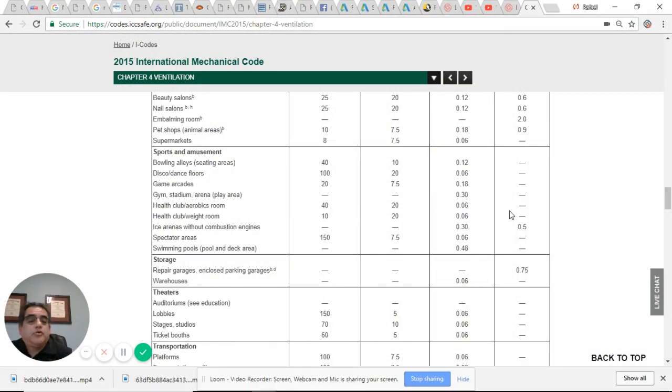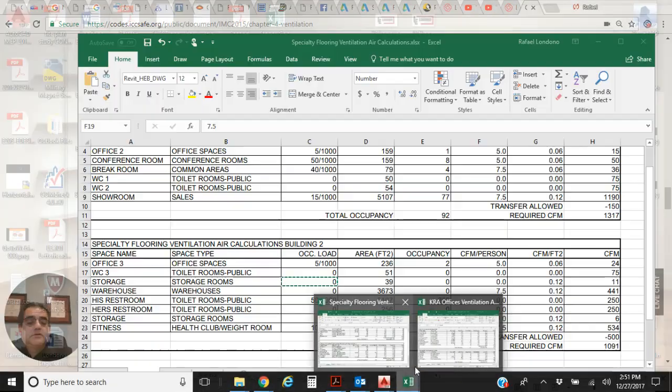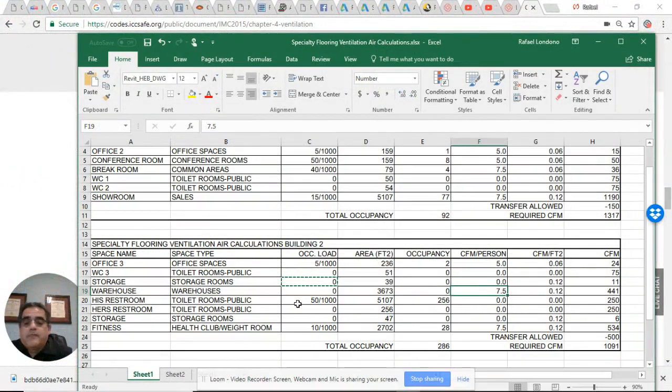Yeah, warehouse is 0.06. Oh, I'm in the wrong column here. Storage. Warehouse. CFM per person 0. I tab to move to the right. 0.06, and it gives me a number of 220.